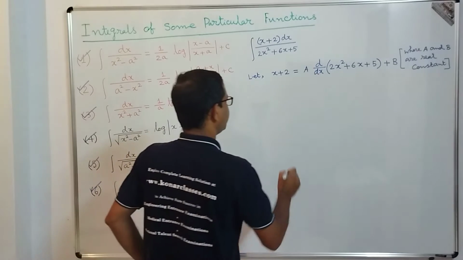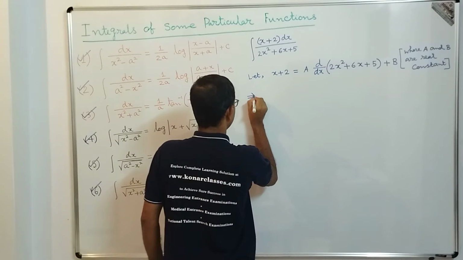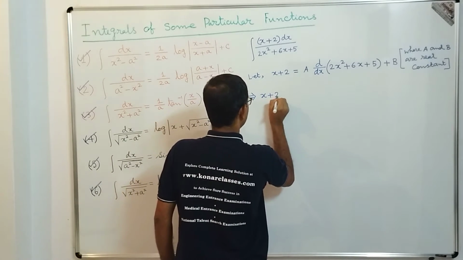So how to find the values of A and B? Let's simplify this. Left hand side we get x plus 2.